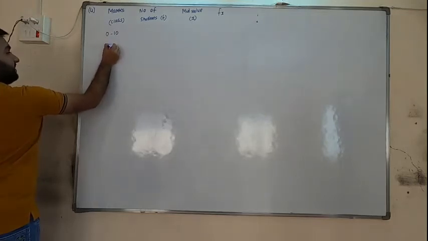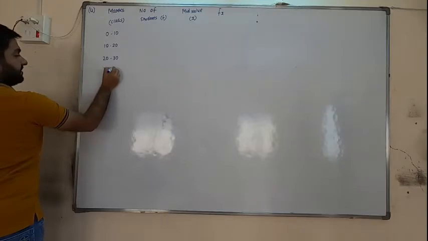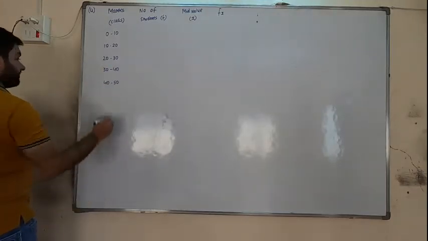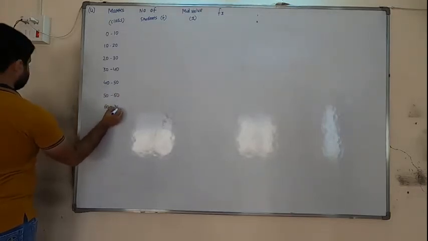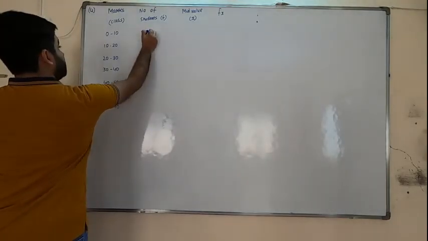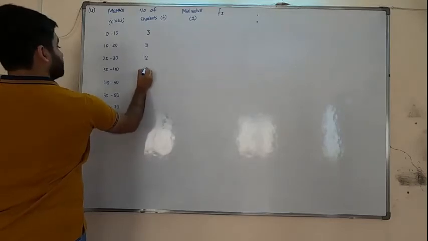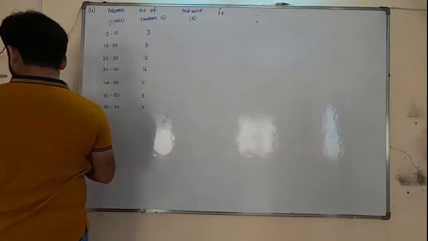Classes: 0 to 10, 10 to 20, 20 to 30, 30 to 40, 40 to 50, 50 to 60, 60 to 70. Frequencies: 3, 5, 12, 16, 11, 5, 4.